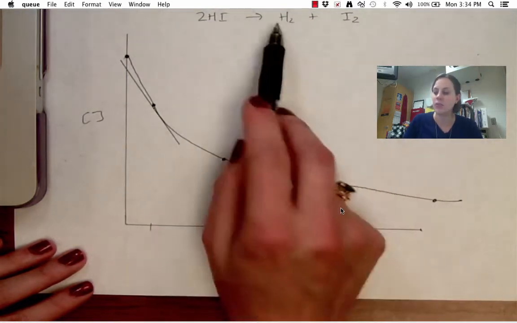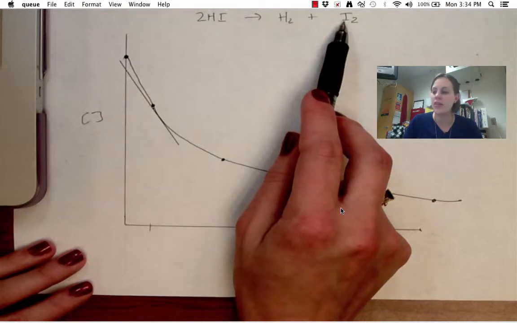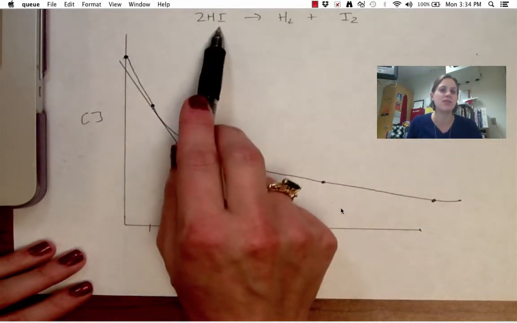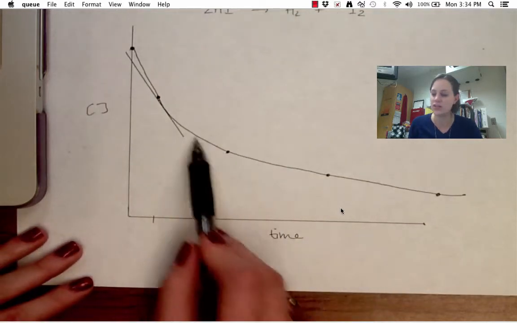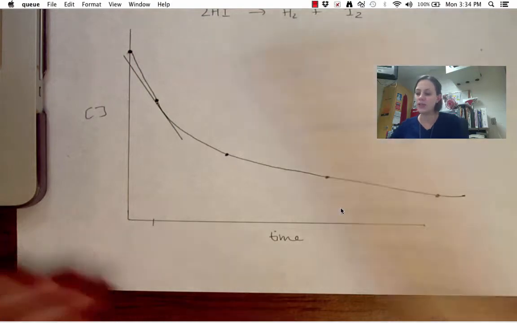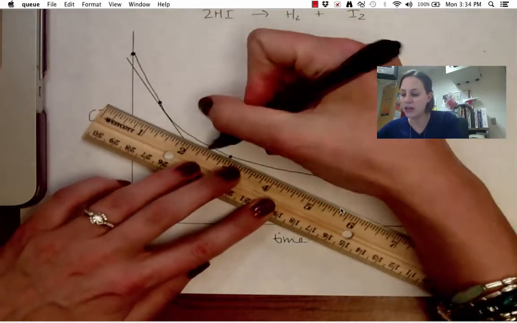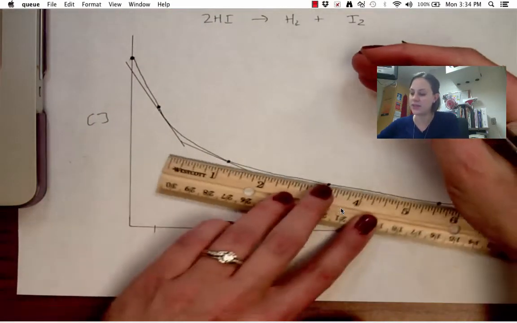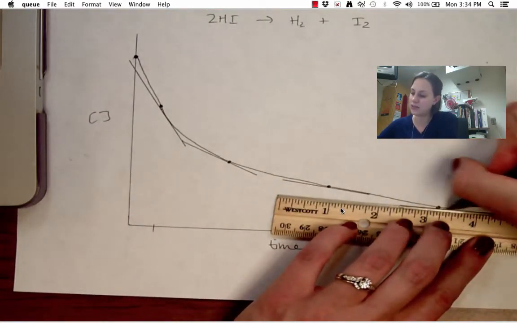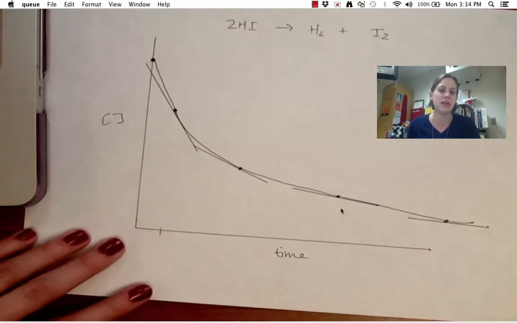So as I get more products in my container, they are getting in the way of these HI molecules finding each other. And so the concentration doesn't change as quickly anymore. But I can do the same thing for any point along this graph, as I can just keep drawing tangent lines, and that helps me to find the instantaneous rate.